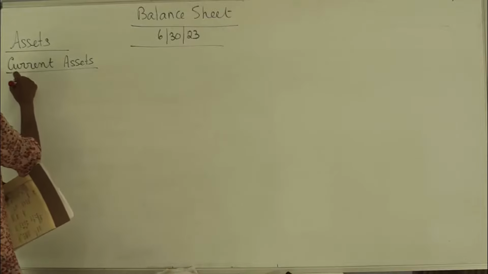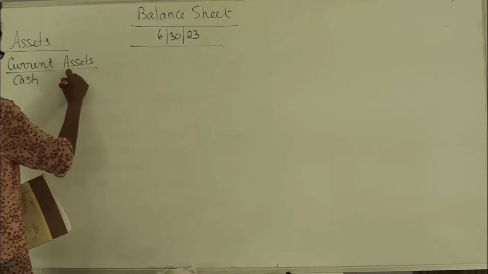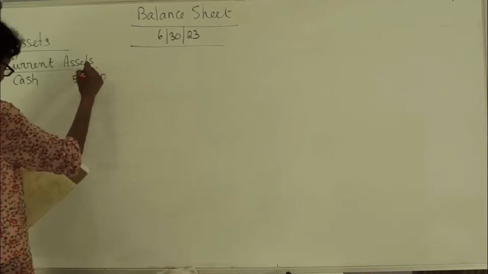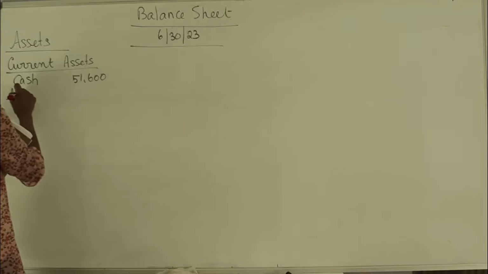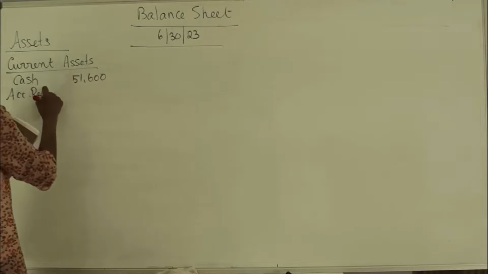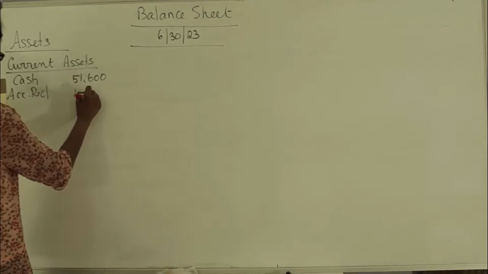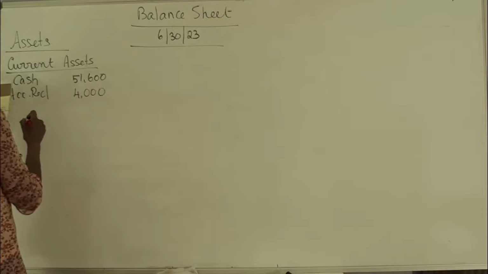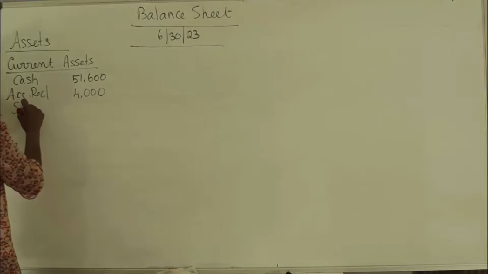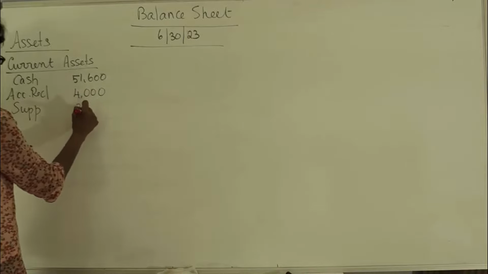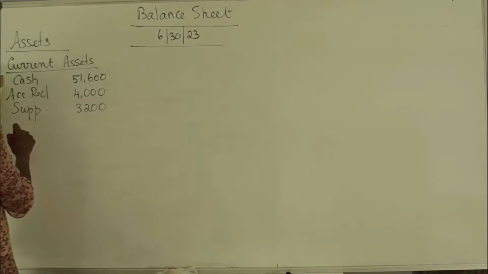Okay, you have cash, 51,600. Accounts receivable, 4,000. Supplies, 3,200.